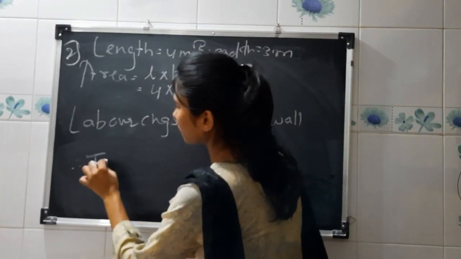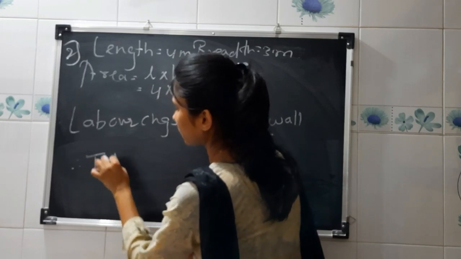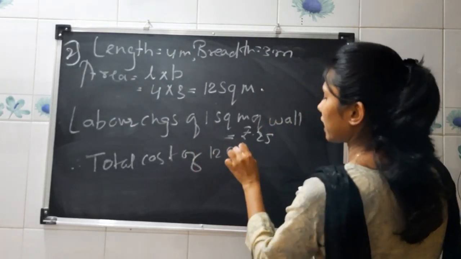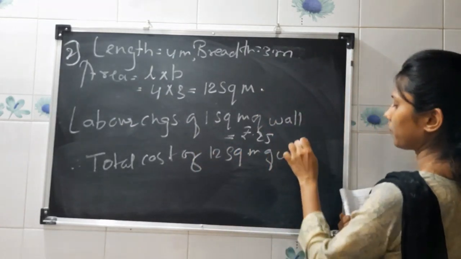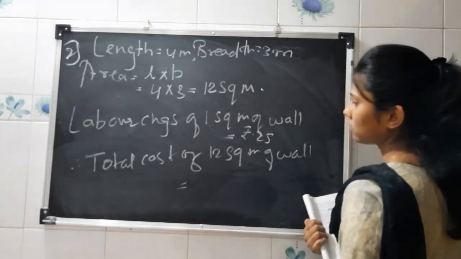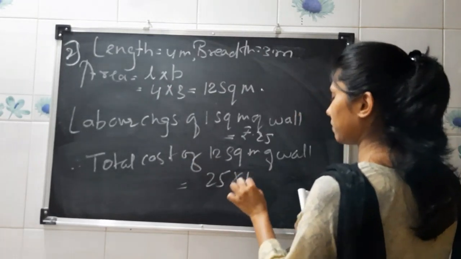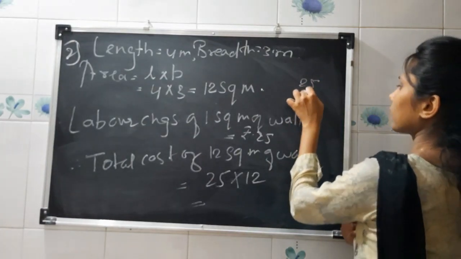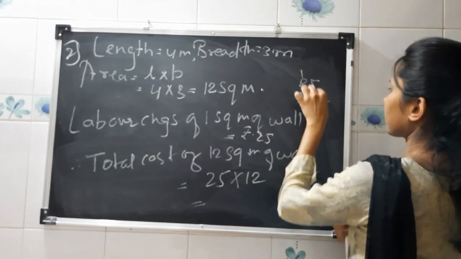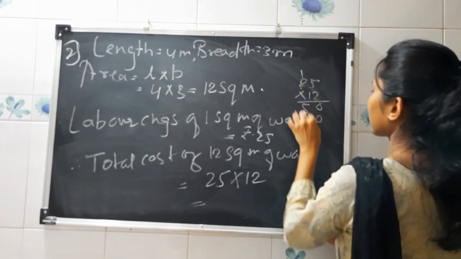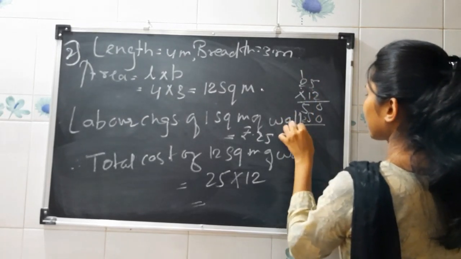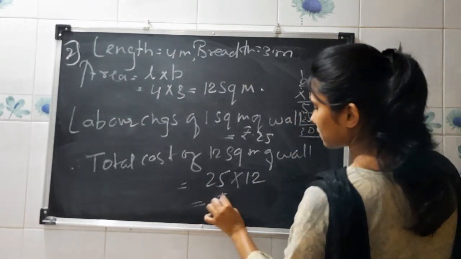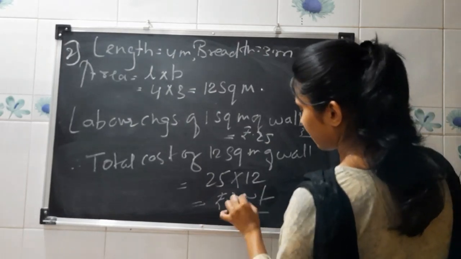Therefore, the total cost of 12 square meters of wall is equal to 25 multiplied by 12, rupees 300.